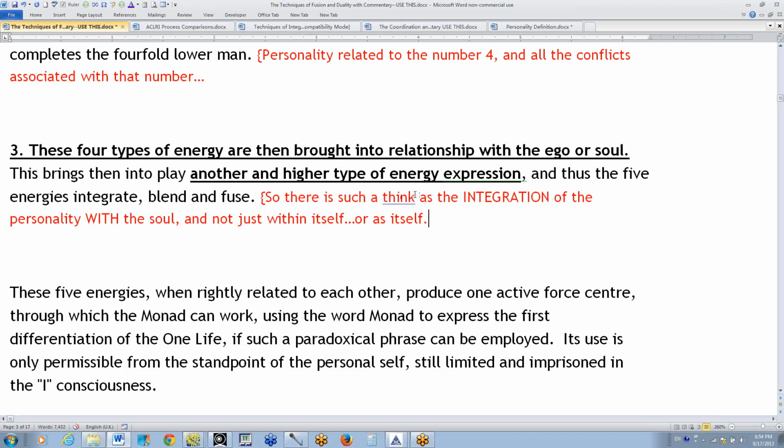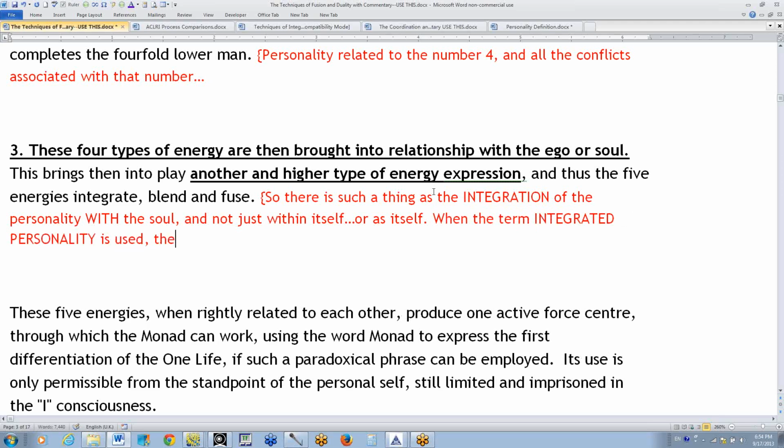So when the term integrated personality is used, so often the presence and infusion of the soul is implied.